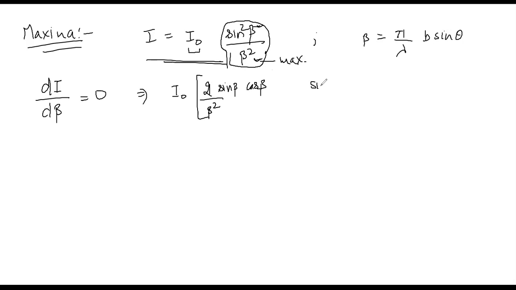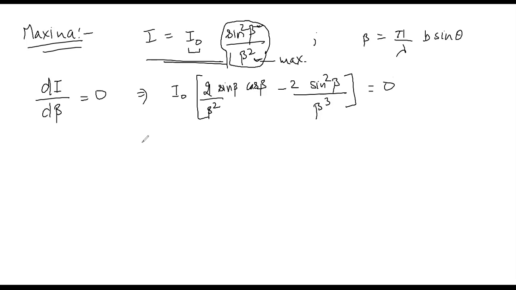Second time sin square beta, let's keep that constant. 1 upon beta square का अगर आप differentiation करोगे, -2 upon beta cube मिल जाएगा. Power आगे, power यहाँ पे आपकी -2 होगी and 1 power would be less. So this should be equal to 0 in that case.